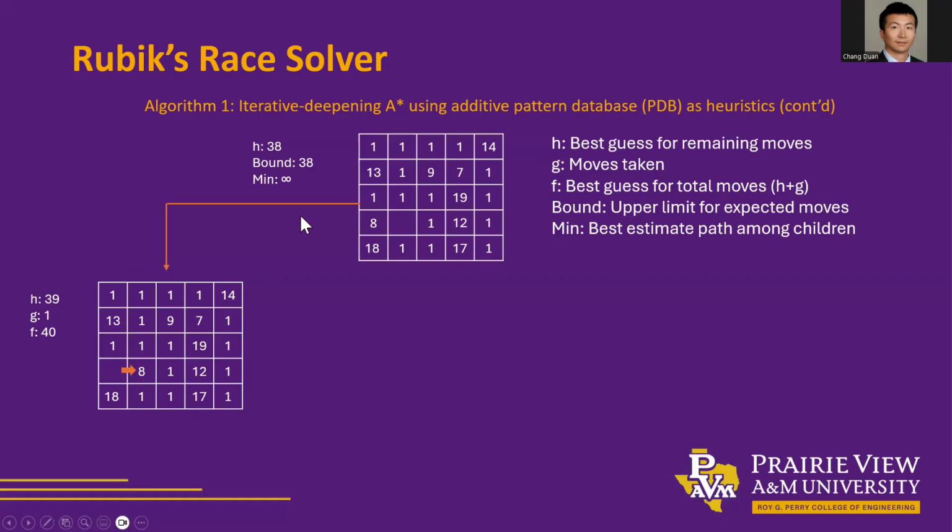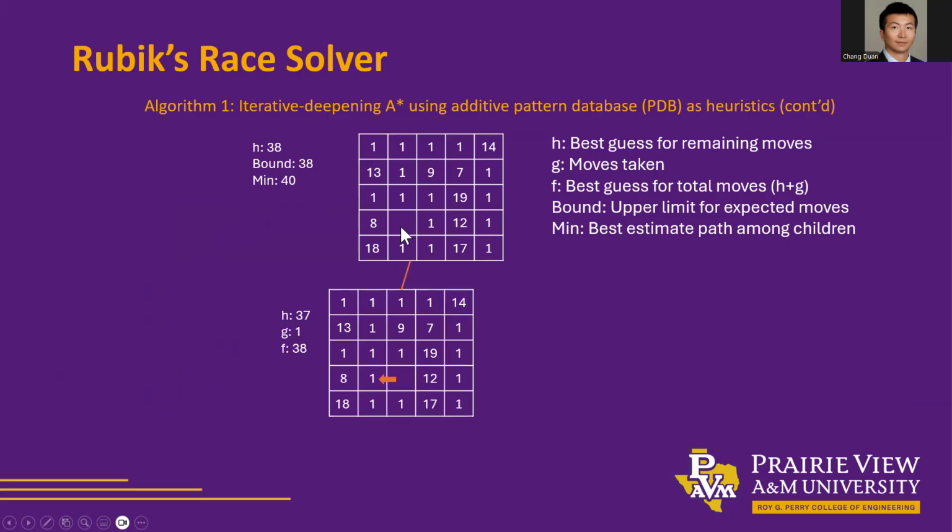Then we spend one move to go from the initial state to here, so G equals 1, and adding them up, F equals 40. So 40 is greater than the bound 38. We stop exploring this path, set the minimum we have so far to 40, and move on to the next child node of the current state.